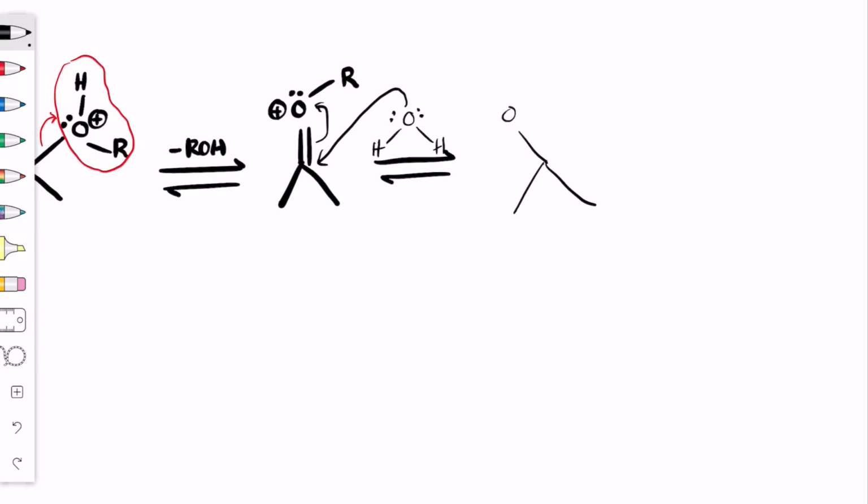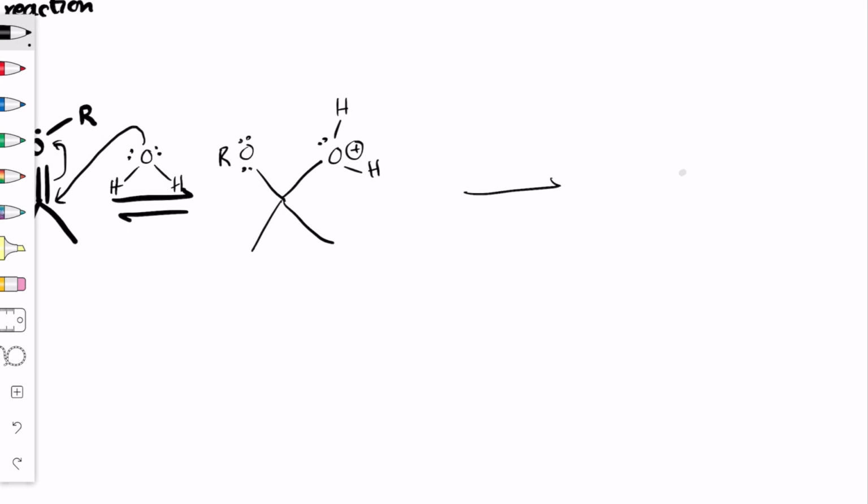So on one side you have oxygen with 2 electron pairs and an R group, and on the other side you have oxygen with 2 hydrogens and a lone pair of electrons with a positive charge. So what happens next? Notice that because of the positive charge and because it's in an acidic medium, this compound now again gets attacked by another water molecule, but this time the water molecule does not want to actually attack, it rather wants to undergo proton transfer because it's in an acidic medium.